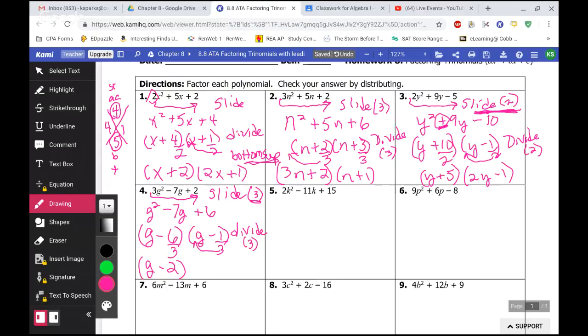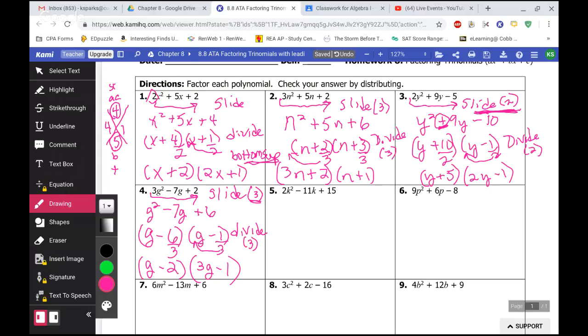So 3g minus 1. So your final answer for number 4 is g minus 2, 3g minus 1.